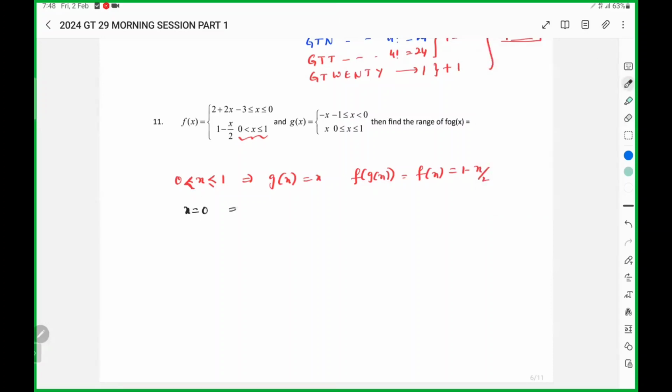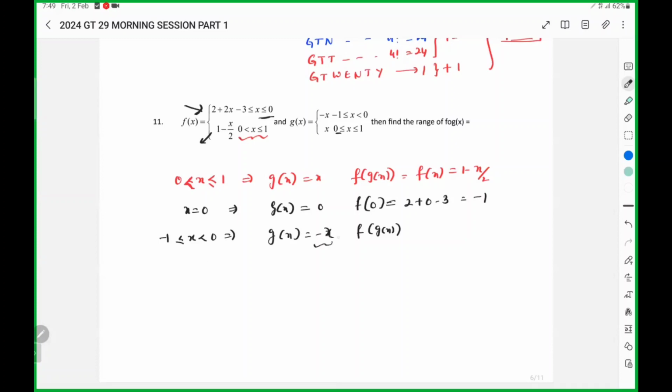Another case, x is 0, g of x will be 0 here. f of 0, I cannot substitute here: 2 plus 0 minus 3, minus 1. Another possibility, when x lies between minus 1 to 0, g of x is minus x. So for f of g of x, I have to choose either this one or this one, as it matters.